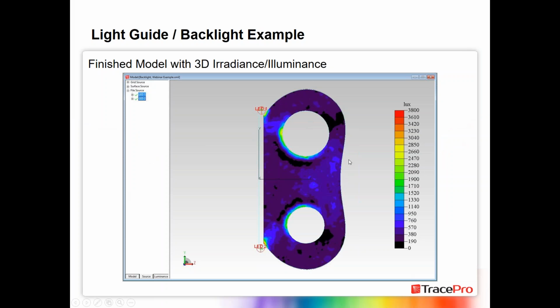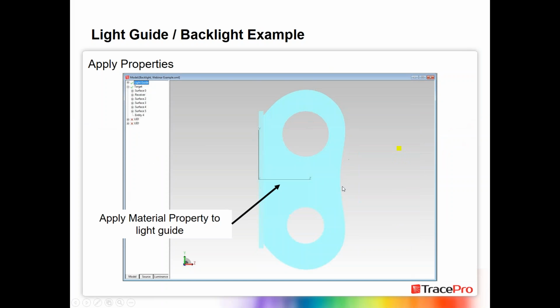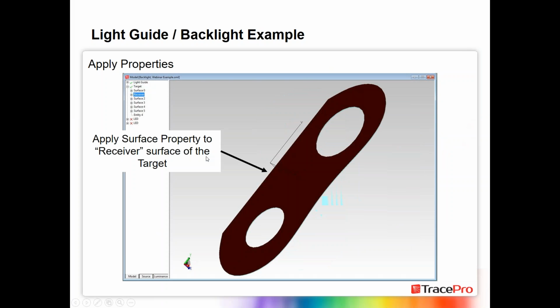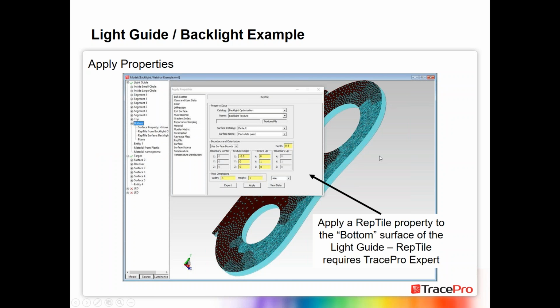We'll apply a material property to the light guide. We'll apply a surface property to the target. In this case, the target's named receiver, or the surface named receiver of that target. And also show you quickly how to apply a Reptile property. Reptile is a way of modeling repetitive microstructures.